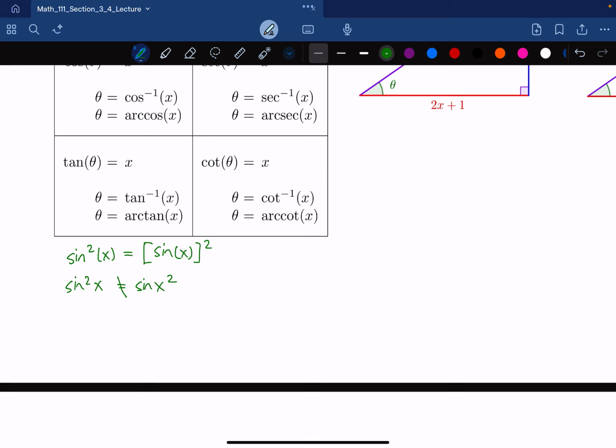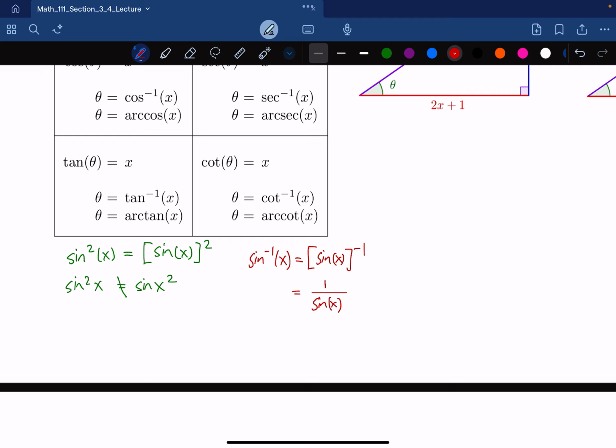Anyway, we know this notation, but the problem is this inverse notation. That looks like sine inverse of x, and by similar logic, I've seen this many, many times where people write this as sine of x to the -1. And we know what a -1 power means: it just means bring that to the denominator with the same positive power.